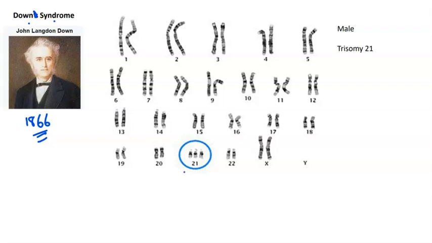And what we actually see here is what's called Trisomy 21. And so this is where we have 3 copies of chromosome 21. And this comes about because one of the gametes, so let's put an egg cell here, for chromosome 21, this already has 2 chromosomes.